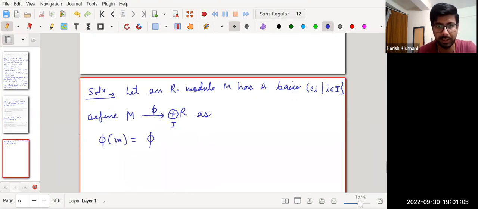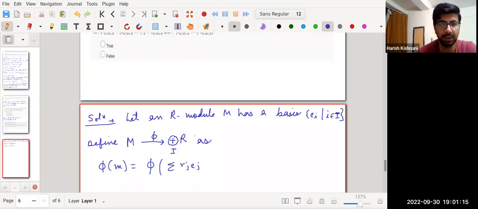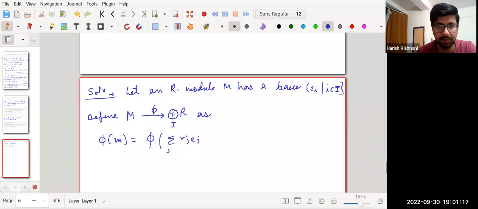So let us write this as the sum of r_j e_j, where j is varying over I. Maybe finite is already guaranteed. So it is a unique representation of this small m.